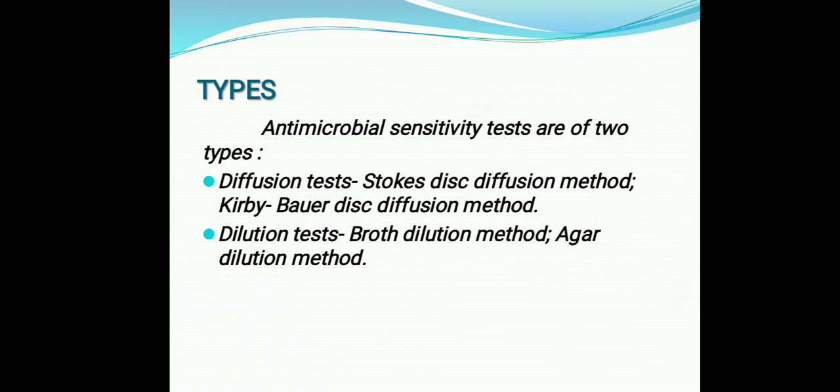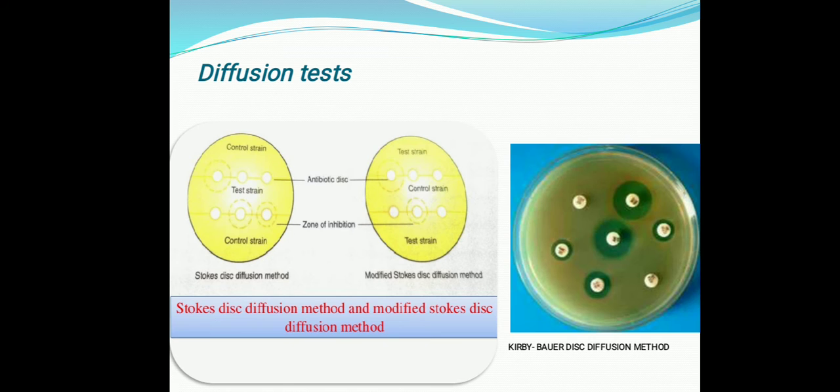But in today's practical, mostly I'm going to discuss the Kirby-Bauer disc diffusion method. I'm just going to show the picture for the other diffusion tests, like the Stokes disc diffusion method and the modified Stokes disc diffusion method. This is how we perform them, and the Kirby-Bauer on the other side.